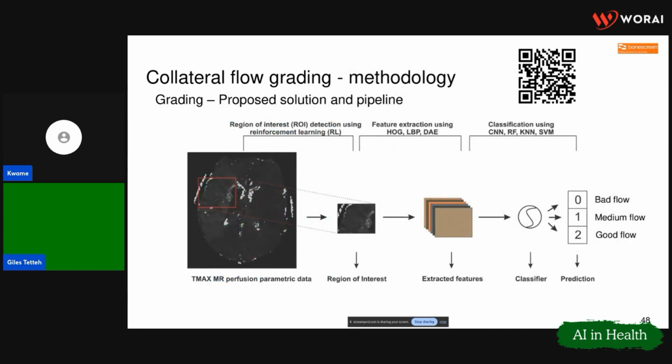So we start with our representation, as we saw already. So how do we represent the problem, right? We try several approaches. One of them is to first detect which region, even in the brain, is suffering from this occlusion or suffering from the blockage. So that is the first step.